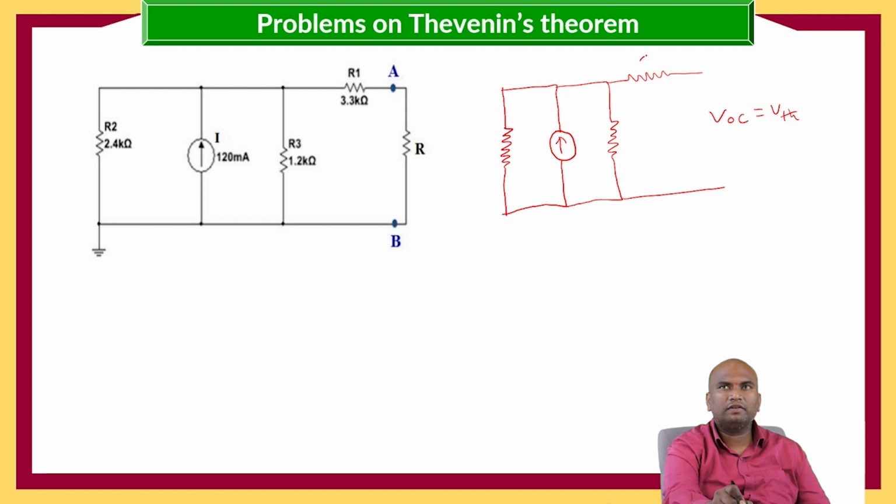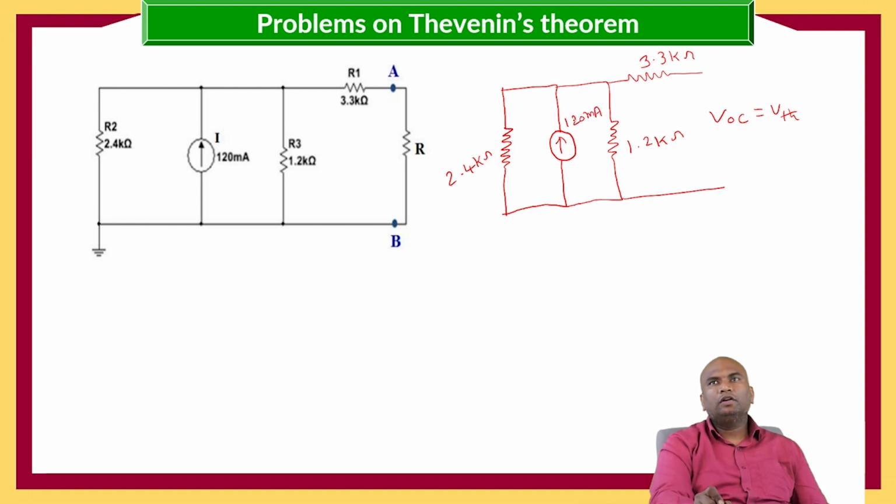Here R1 value is 3.3 kilo ohms, R3 value is 1.2 kilo ohms, and R2 value is 2.4 kilo ohms. And here it is 120 milliamperes.